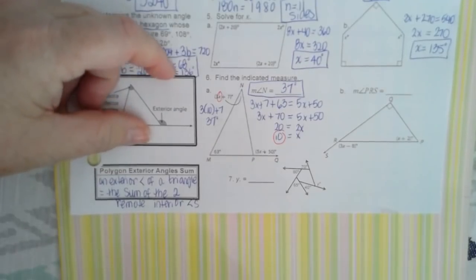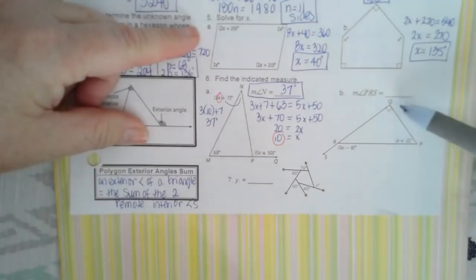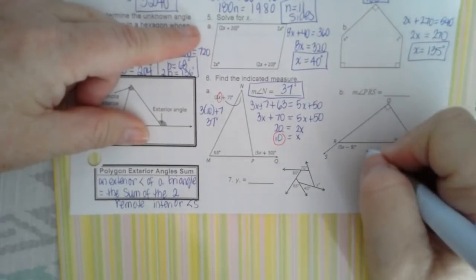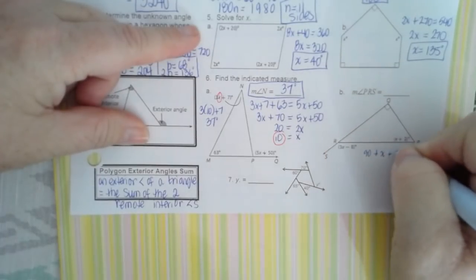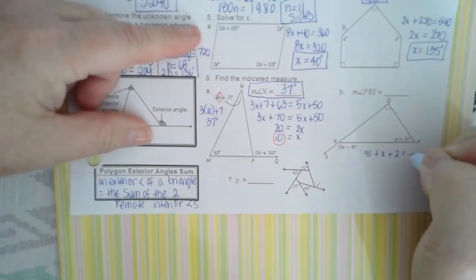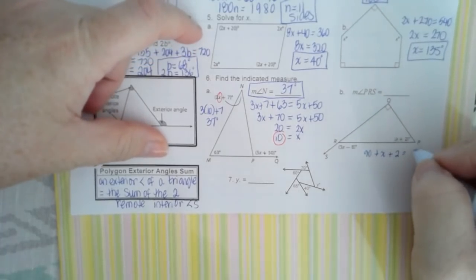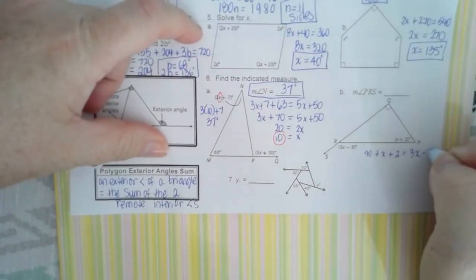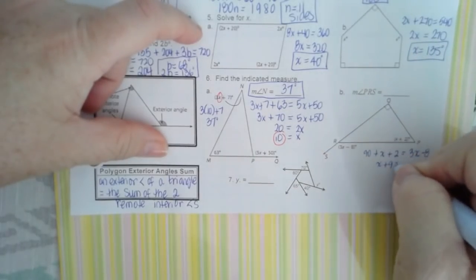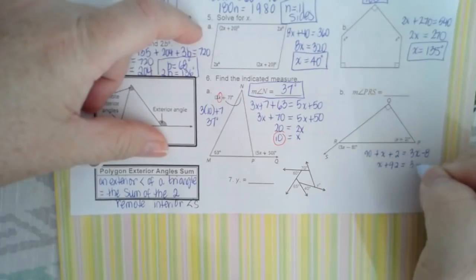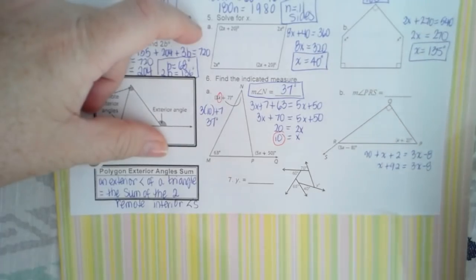So if we go to B, we know that the exterior angle is equal to the sum of the remote interior. So that means that 90 plus x plus 2 equals 3x minus 8. So x plus 92 equals 3x minus 8.